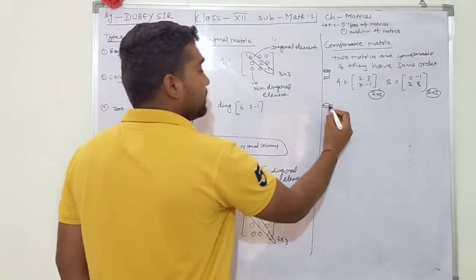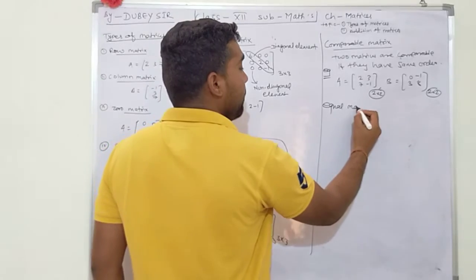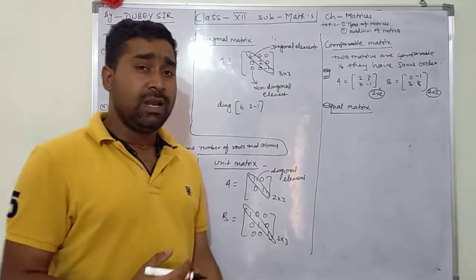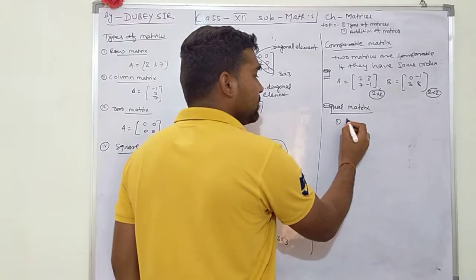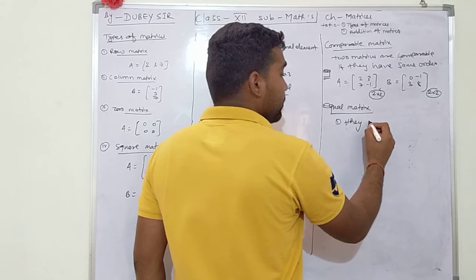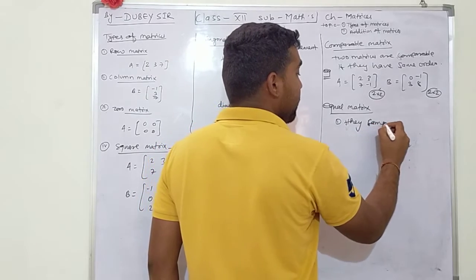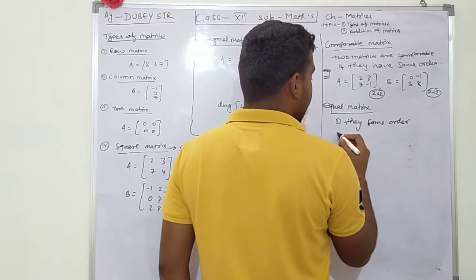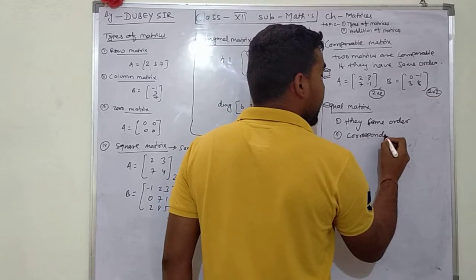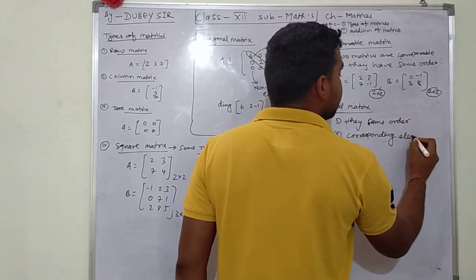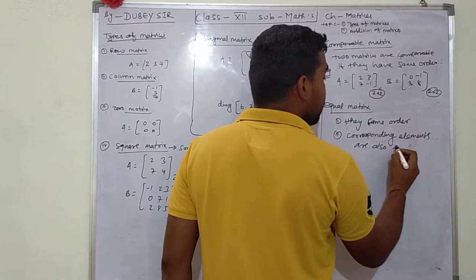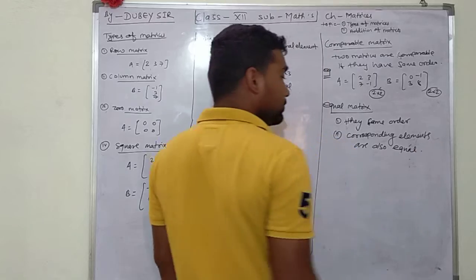Next, equal matrix. Two matrices are said to be equal if, first, they have the same order, and second, corresponding elements are also equal.